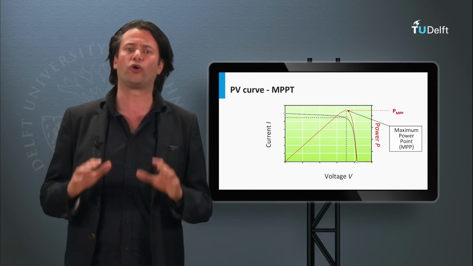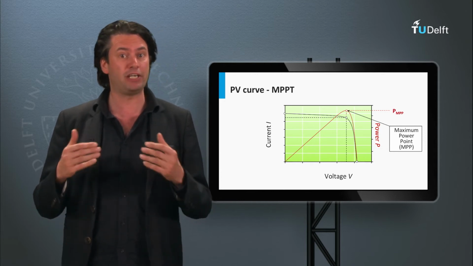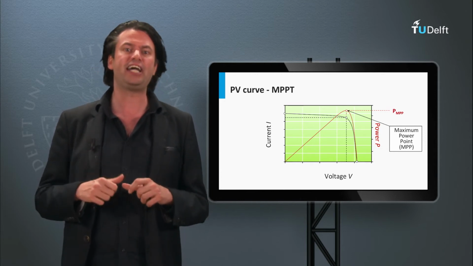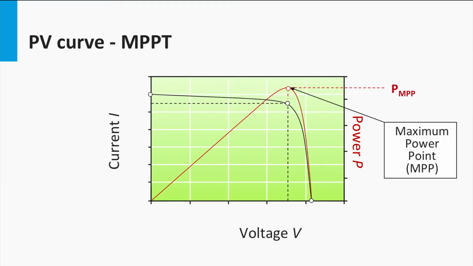This point corresponds to the peak of the PV curve or the knee of the IV curve. The simplest way to do this is to force the voltage of the PV module to be that at the maximum power point, or regulate the current to the right amount as that of the maximum power point using converters.